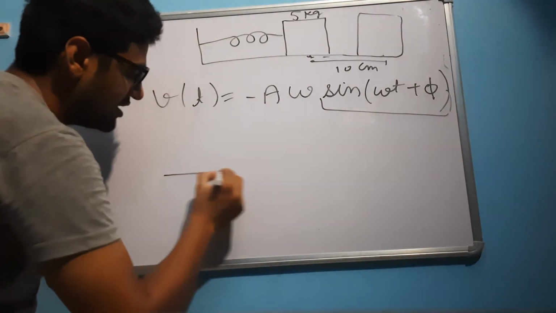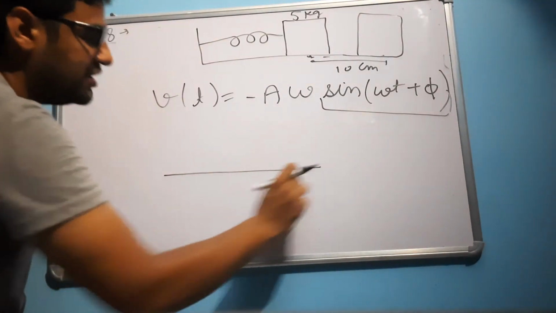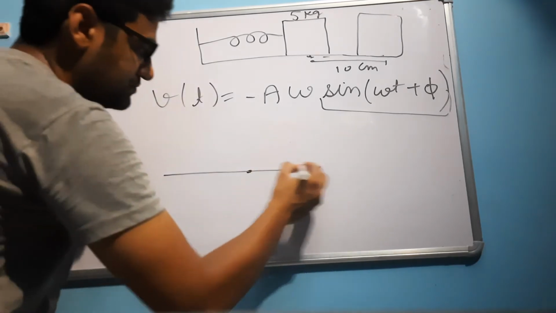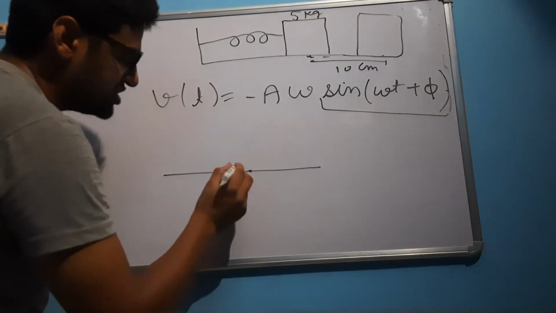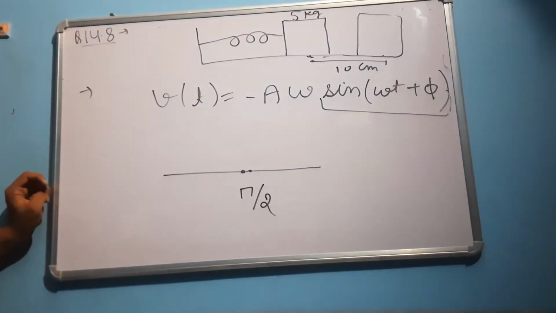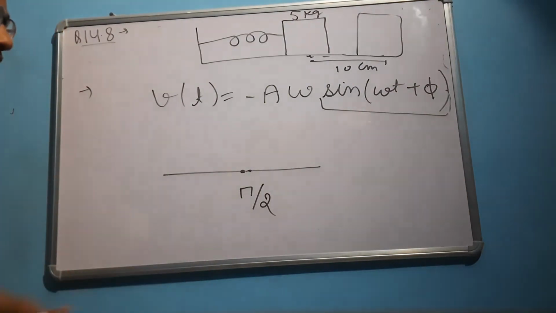We are considering our simple harmonic motion on a diameter. So when it is at the mean position, the angle will be pi by 2 radian.